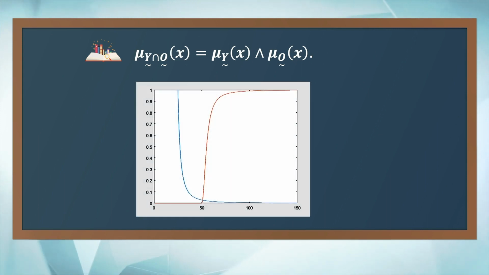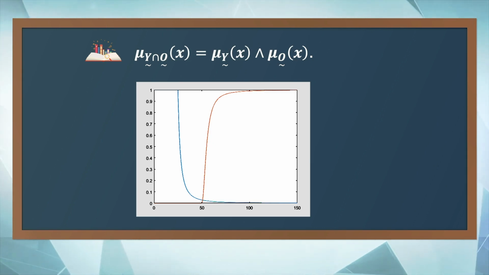If X is less than or equal to 50, its degree of membership is 0. And if X is bigger than 50, the membership function increases slightly along the red curve till this point where the two curves meet. Then the membership function decreases along the blue curve.